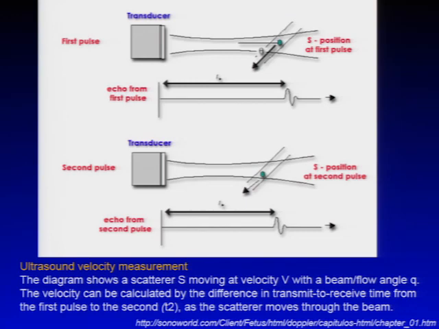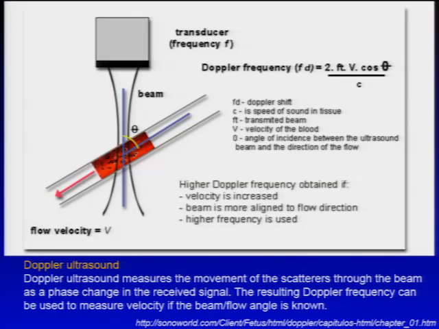As you can see here, T1 is the baseline image you get from the red blood cell, and T2 is the movement of the red blood cell. Then you can see the difference between T1 and T2, with account of the angle, and you can calculate the speed or velocity of the red blood cell. This is a more schematic explanation of the Doppler.